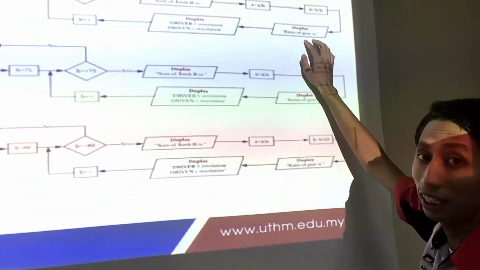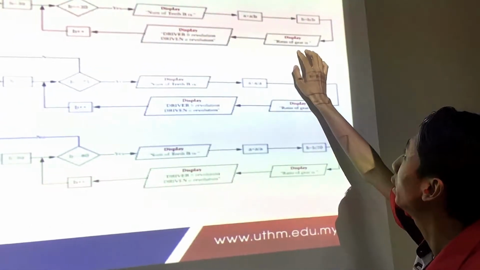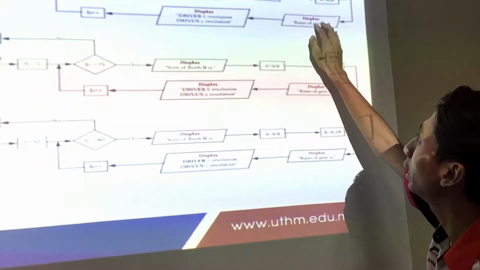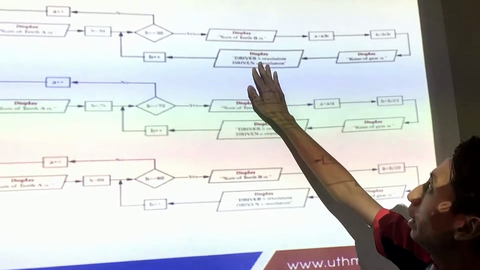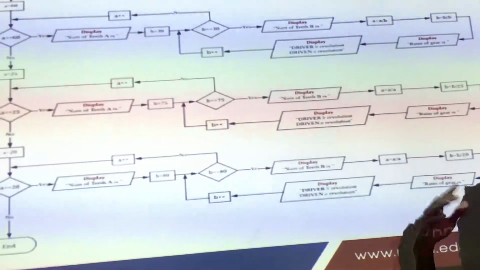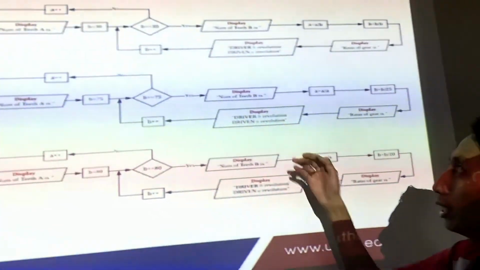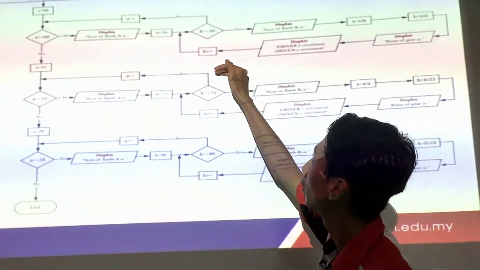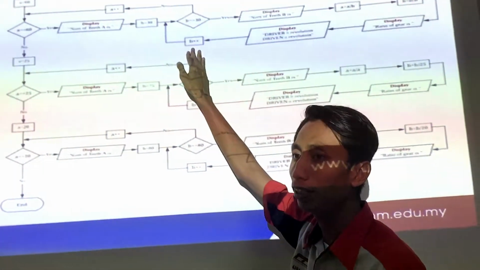Then we display the ratio of the gear, and we display how many revolutions of the driver and how many revolutions of the driven gear. After that we have the increment.